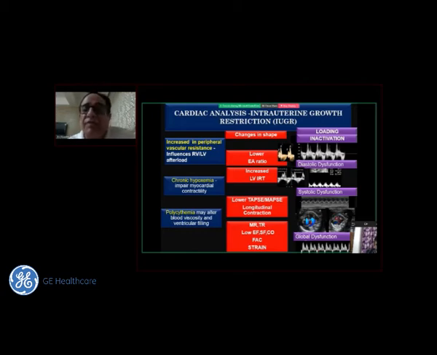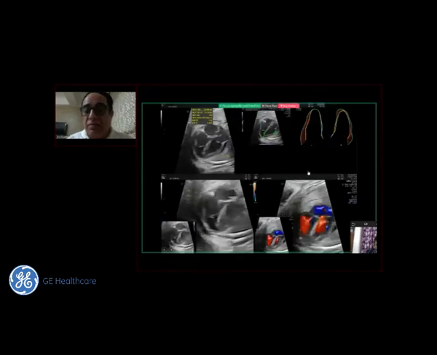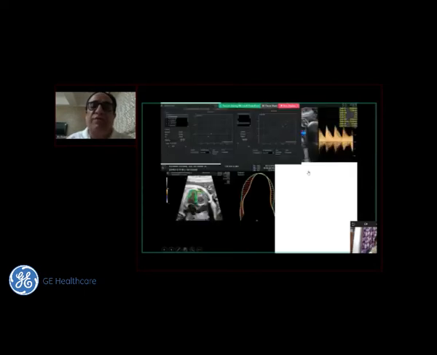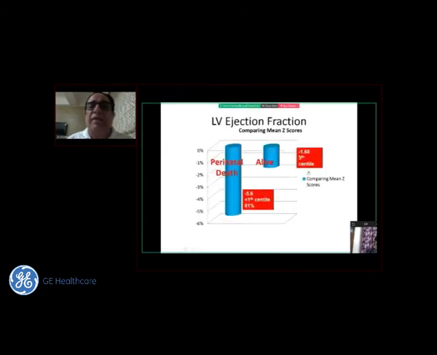And therein comes the factor that we have not so far been looking at cardiac changes in FGR. I'm not going to talk about this because this is a whole other topic, but we look at the sphericity index, we look at cardiac remodeling, we look at the strain of the heart, we look at fractional area shortening, the left ventricular ejection fraction, and a lot of other parameters, but this can be seen at another date.